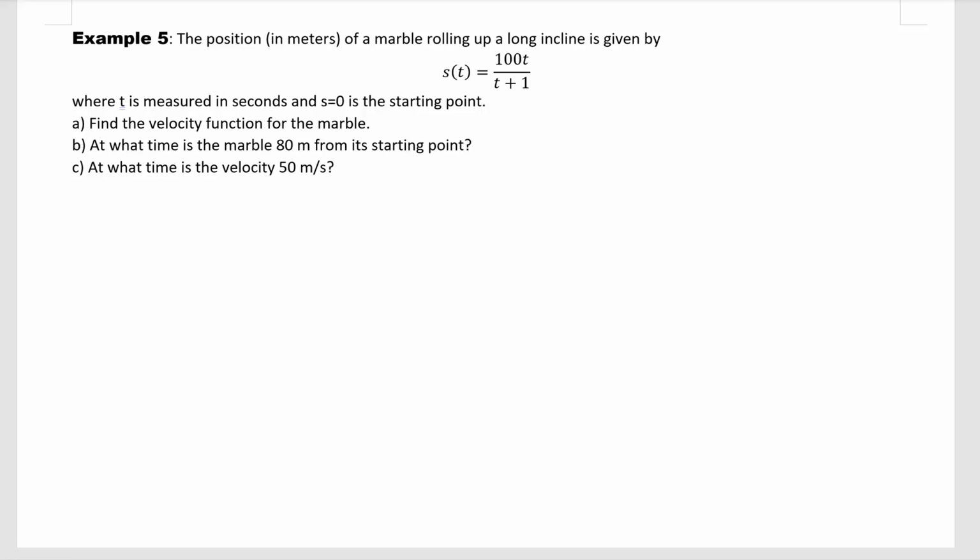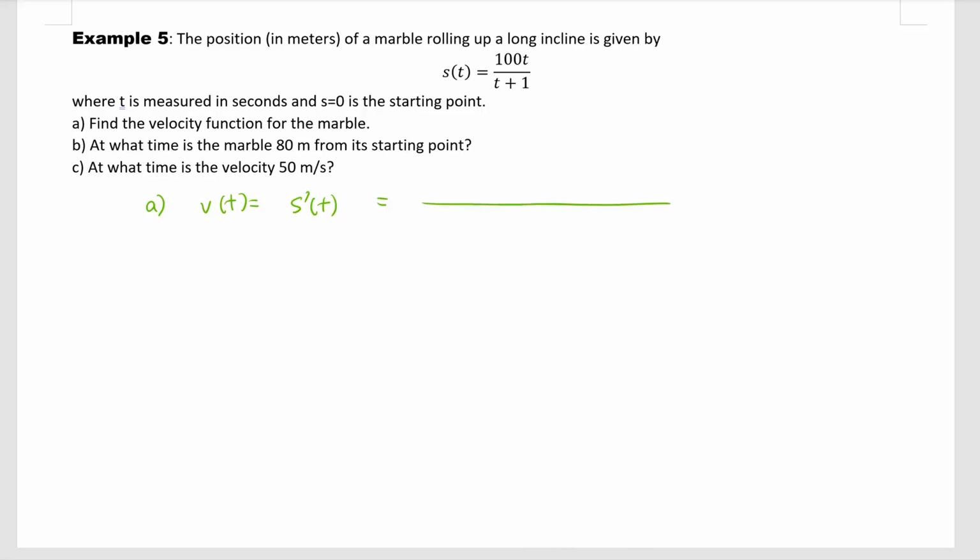So part A, we want to find the velocity function for the marble. Velocity is the derivative of the displacement. This is a quotient, so we need the quotient rule.